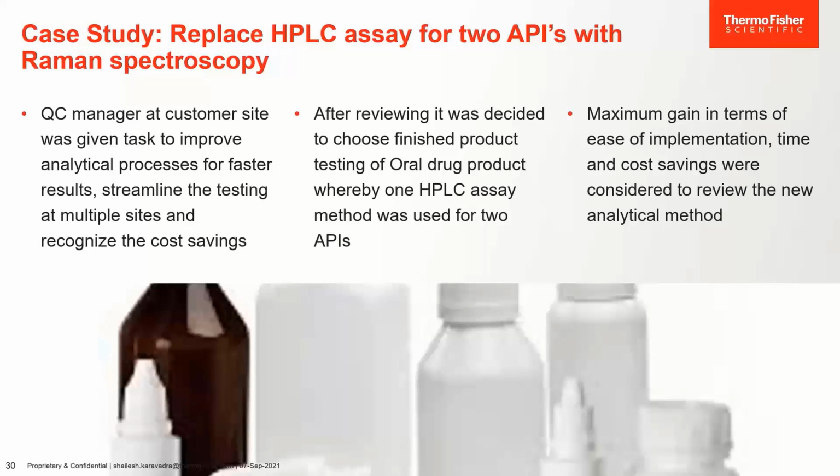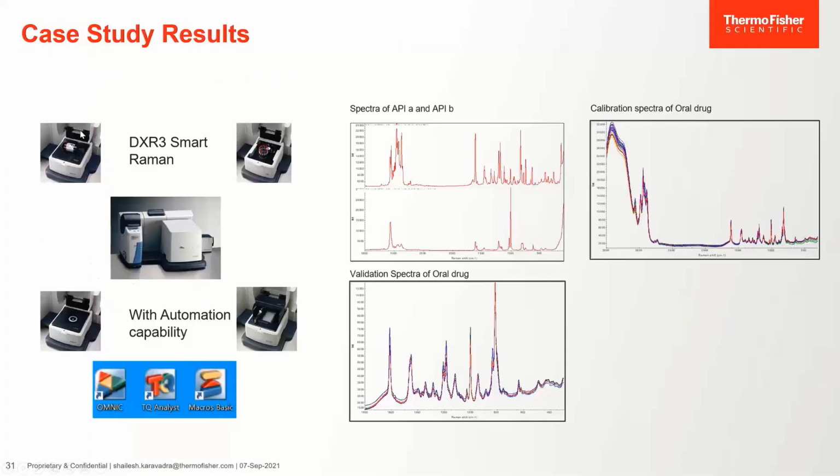The idea was to implement this at multiple sites, recognize the cost savings, and have maximum gain in terms of the ease of implementation, time, and of course the cost savings were also considered to review the new analytical method. For that, the DXR3 Smart Raman spectrometer was used.